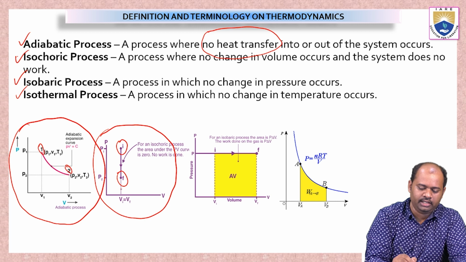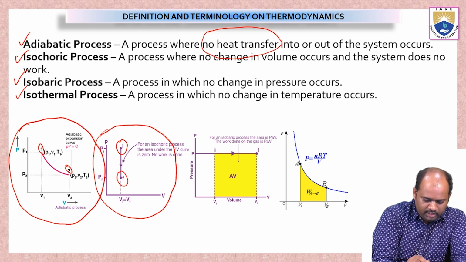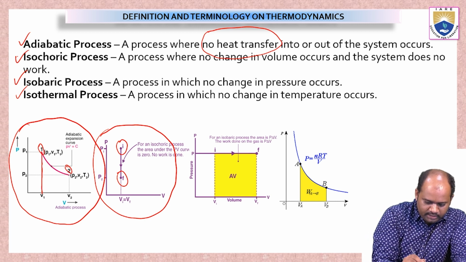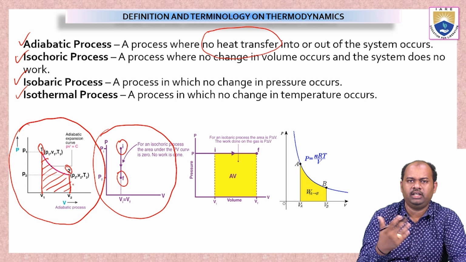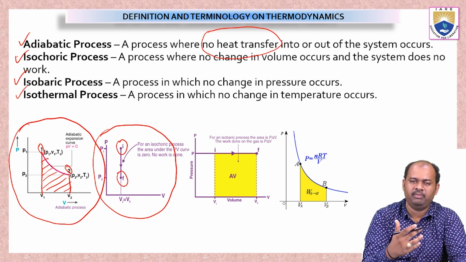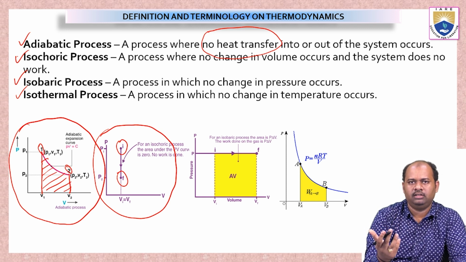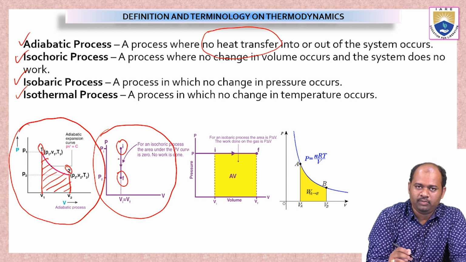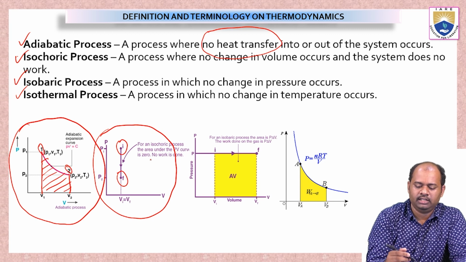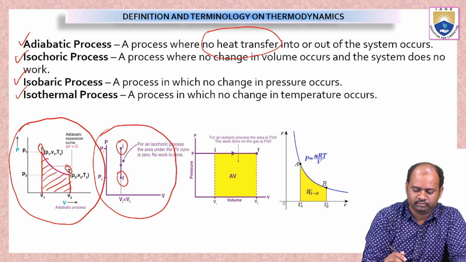In the first case, we can draw lines from points 1 and 2, and this will be the area under the curve. This indicates some work is being done by the system. So in the adiabatic process there will be work, but no heat transfer. Whereas in the isochoric process, there is no area under the PV diagram, which indicates that there is no work done by the system.